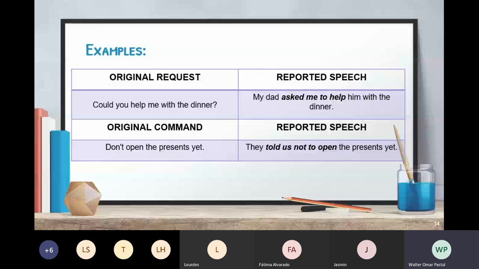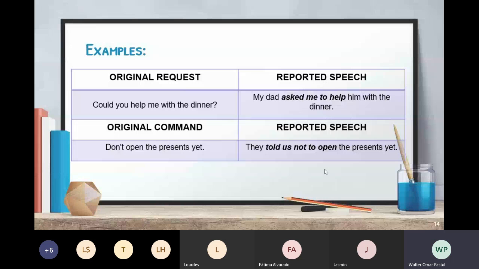My dad asked me to help him with the dinner because this is a request. You can change these sentences in another word, yes, but since this is a request, it is better to use the infinitive than the original command. Don't open the presents yet. Reported speech: They told us not to open the presents yet.